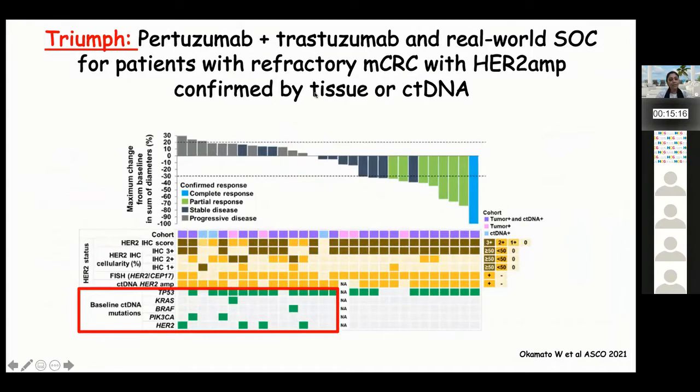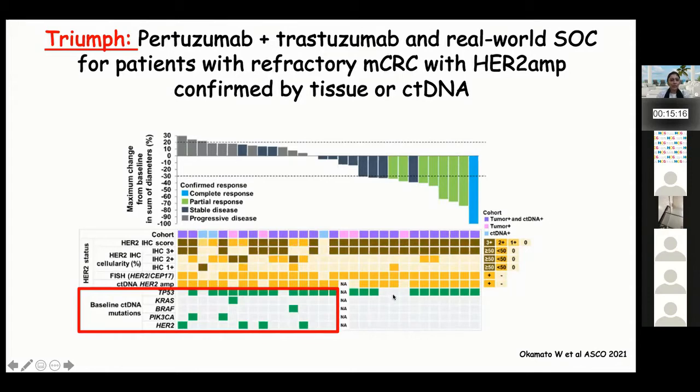And so this is the TRIUMPH study, which I thought was very interesting, which took patients who had been treated with standard of care chemotherapeutic agents and were refractory to these agents, including anti-EGFR, but they had HER2 amplification, and they were treated with pertuzumab as well as trastuzumab. They underwent both liquid biopsies as well as tissue biopsies to be profiled. And you can see from those ctDNA mutations that some of these patients had acquired a HER2 mutation, KRAS mutation, as well as BRAF and TP53 mutations.